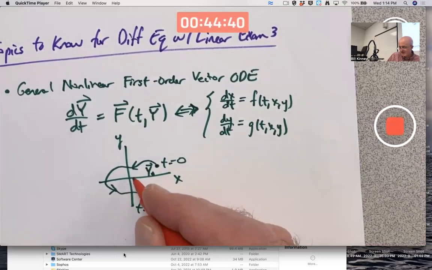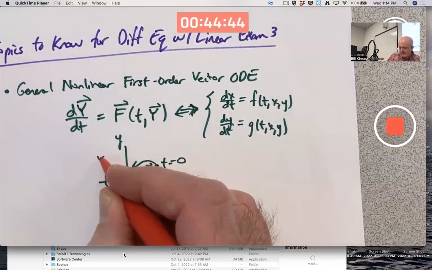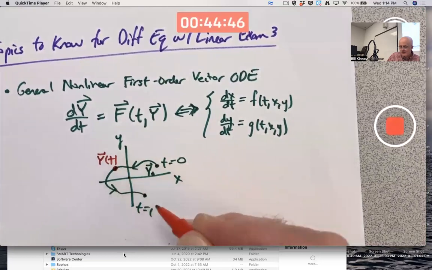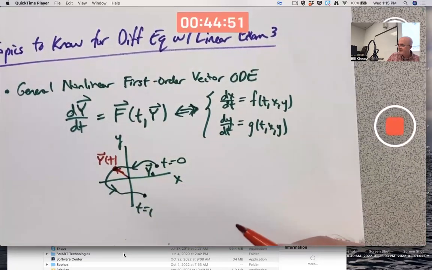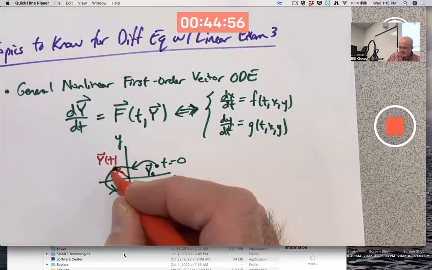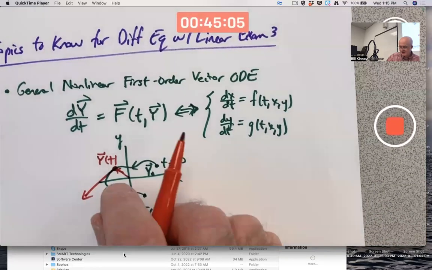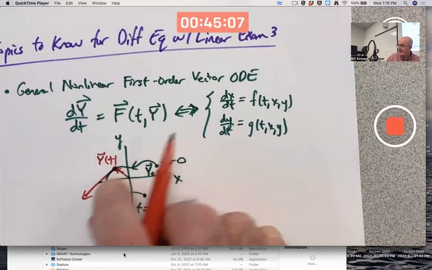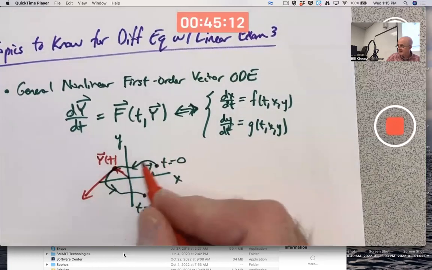That's your position vector. For any given value of t, you're at a certain point y of t that you could think of as being a point or a position vector. Either way is okay. And then it's following the vector field. At that moment in time, the vector field would be tangent to the curve. The arrow for the vector field would have a certain direction and a certain length, and its length would be the speed of the curve.